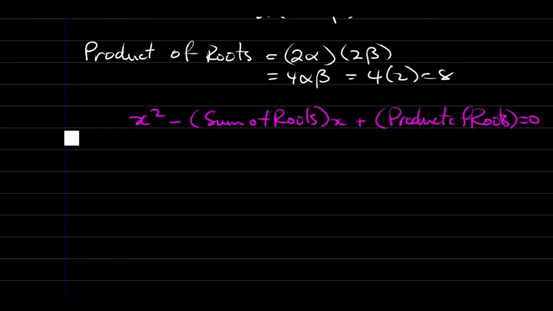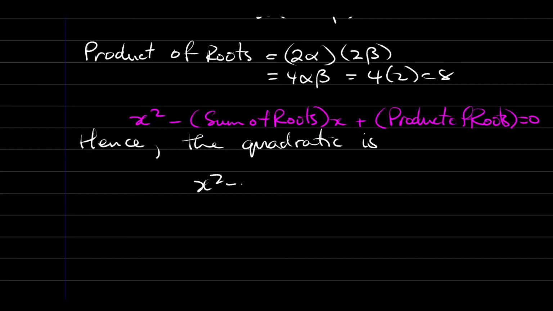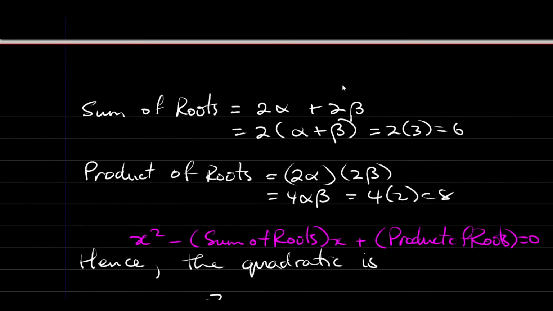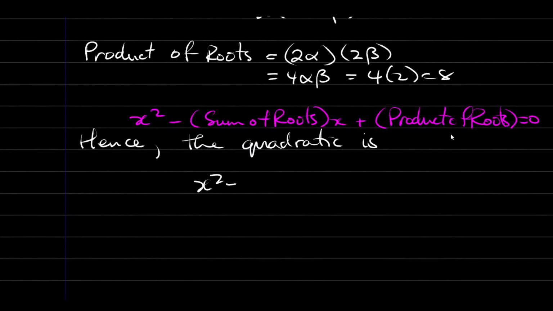So let me just write this out here. So hence the quadratic is x squared minus the sum of the roots, which is going to be 6, x plus the product of the roots, which is 8.